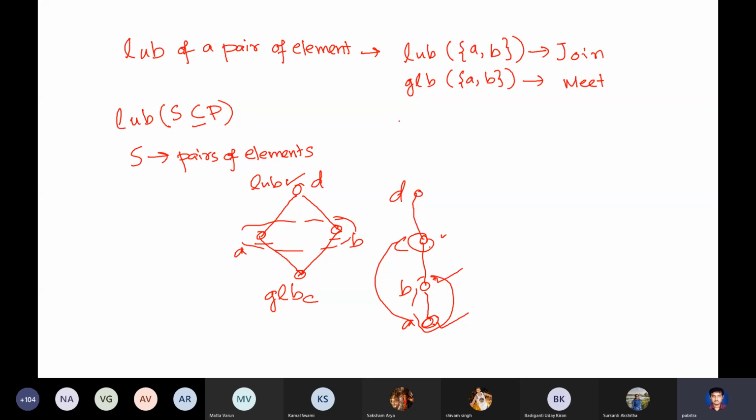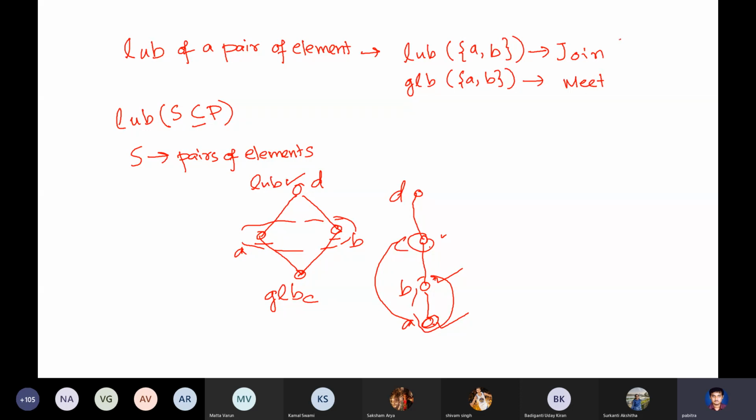I may be wrong. Maybe the name is the opposite. Anybody can correct me. Is this the right name I'm giving? Anybody? Okay, nobody is correcting me, so I have to check the slides. Whatever, it doesn't matter what's in a name. So the least upper bound for a pair of elements, similarly the greatest lower bound, I call the join and the meet.